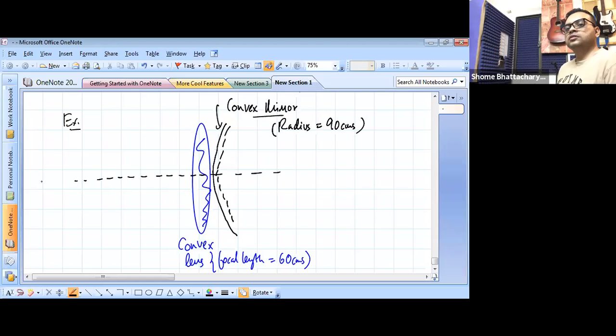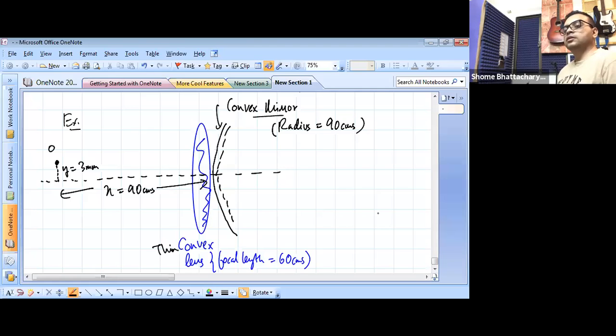And suppose we have a point object somewhere here, which is y of 3 millimeters and x of, let us say, 90 centimeters. So this is a thin convex lens.